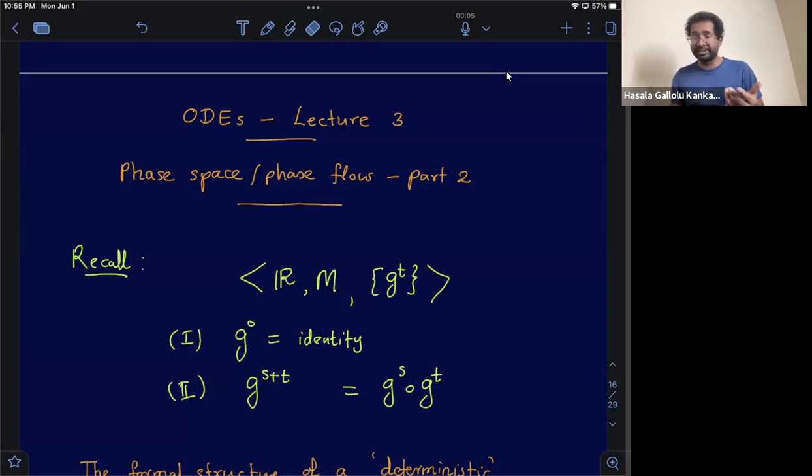In other words, we need to have a time set. That's exactly what we are seeing here. The time set R, don't forget, is an abelian group under addition. It is an abelian group, and that plays an instrumental role behind this entire conversation.